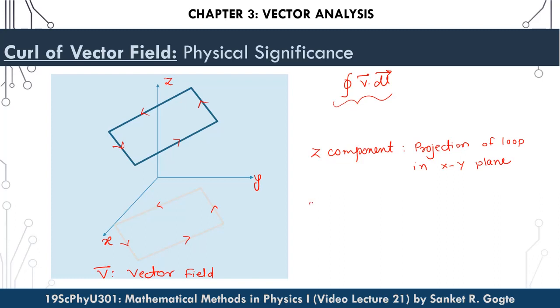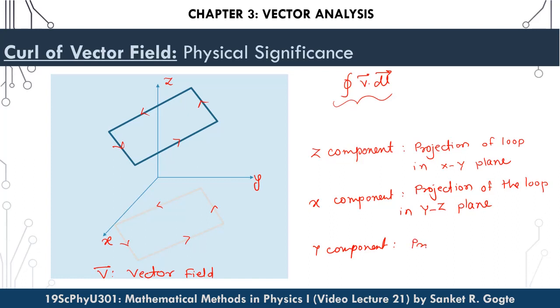Similarly, x component can be obtained when we consider projection of the loop in YZ plane, and Y component is obtained by line integration over the loop, which is obtained by projection of the loop in XZ plane.